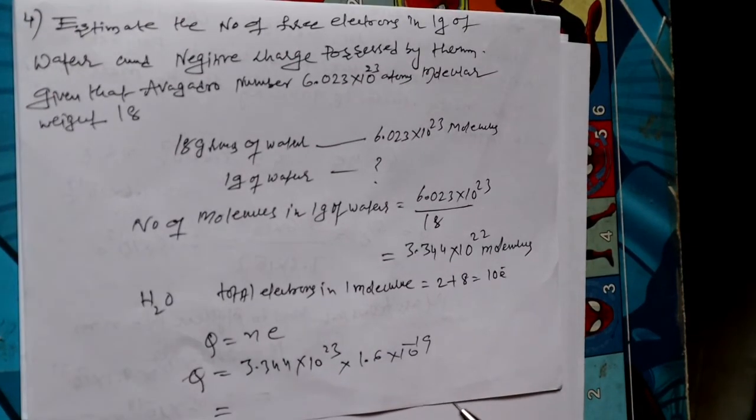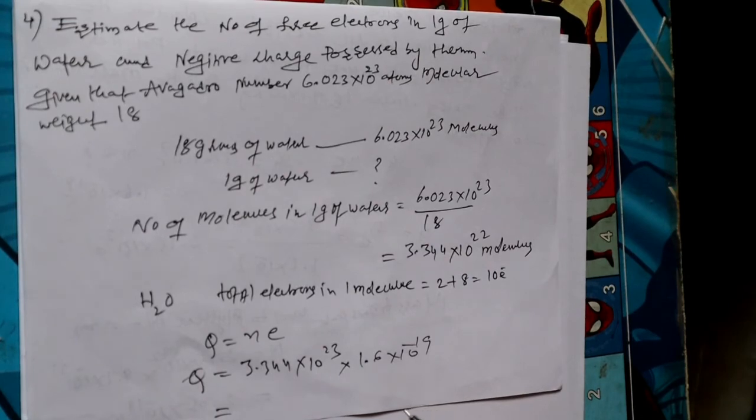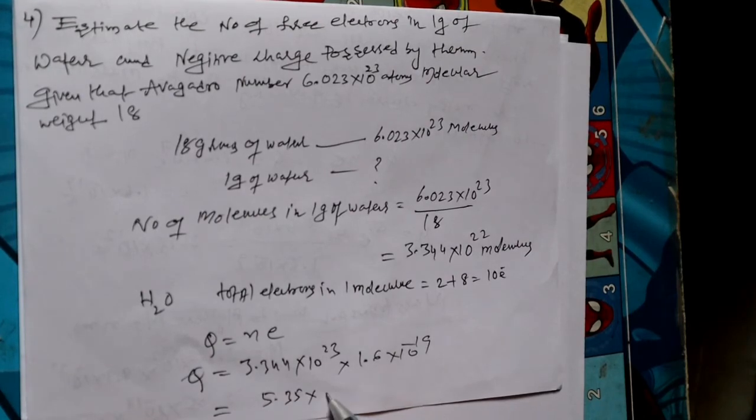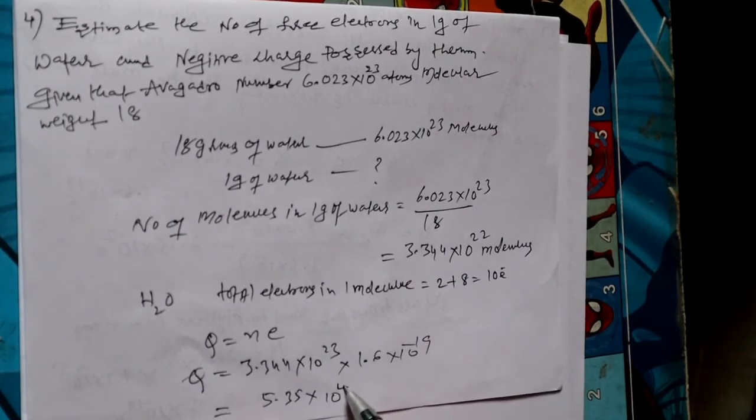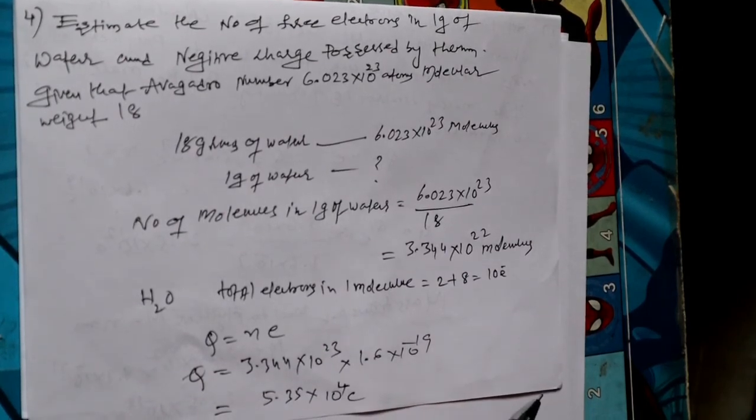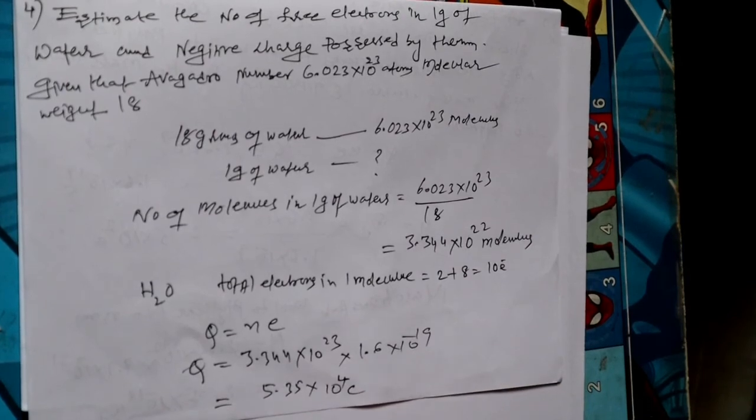So, finally we get the answer here: 5.35 into 10 power 4 coulombs charge. So, this is the problem.